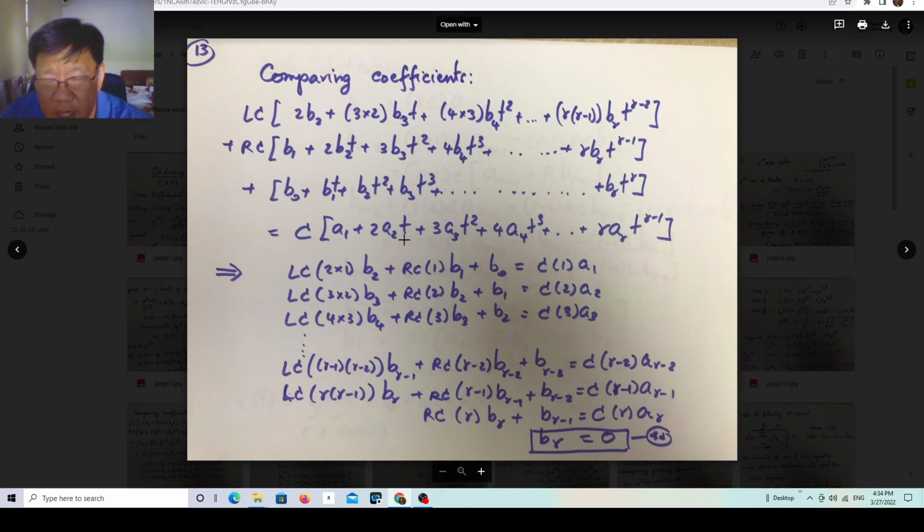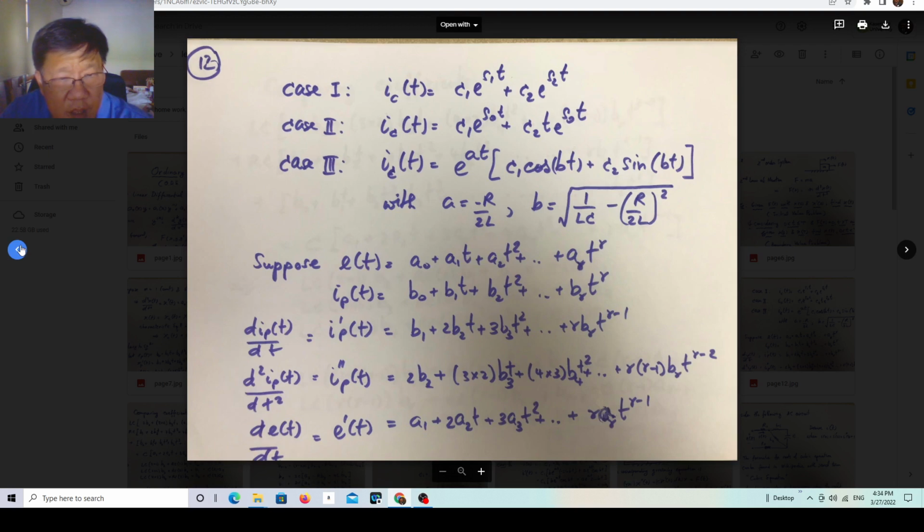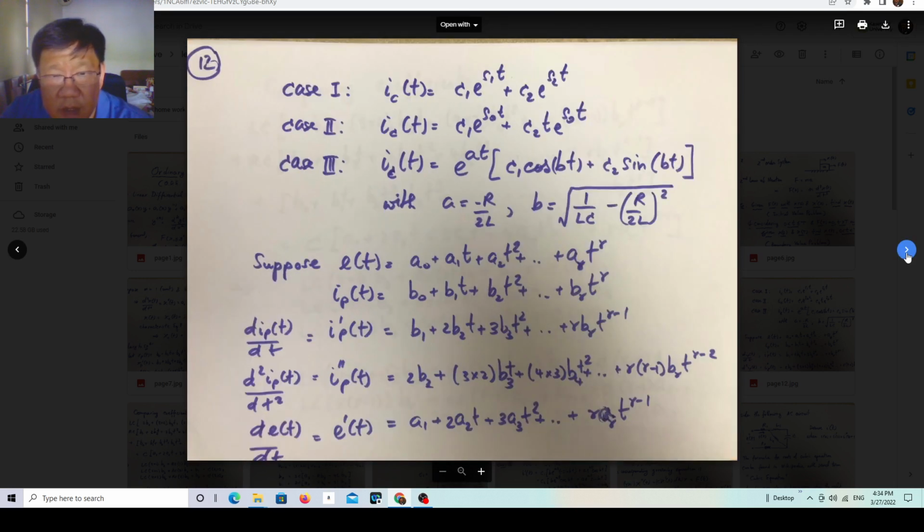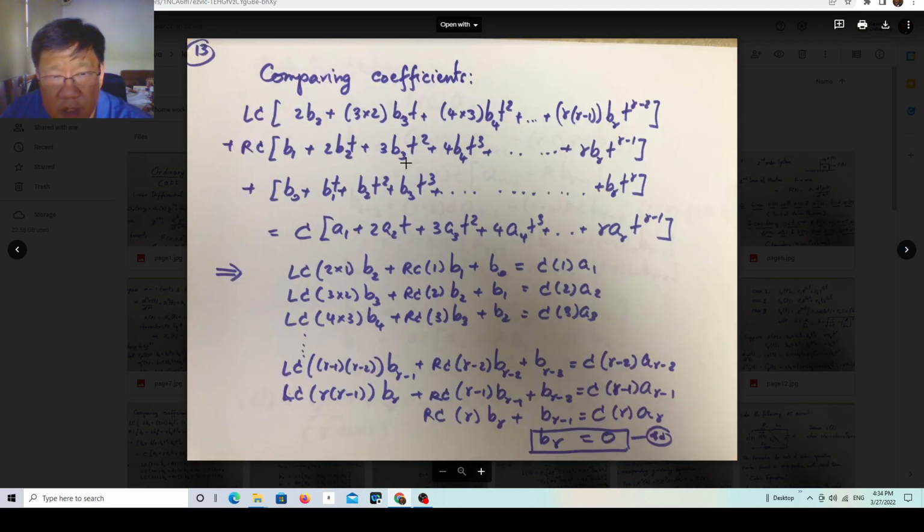This one is dE/dt. So this term comes from putting all of this into the original equation, substituted by I sub p(t). You get this substitution, and then you can compare the coefficients.